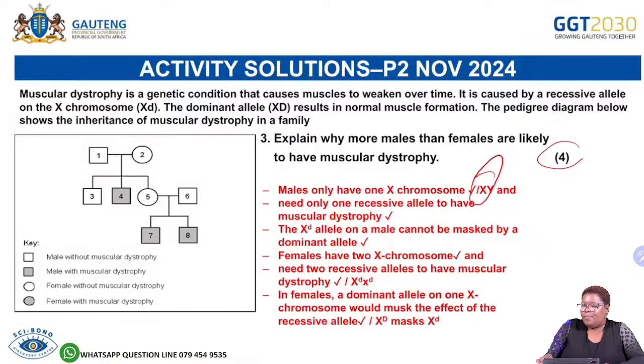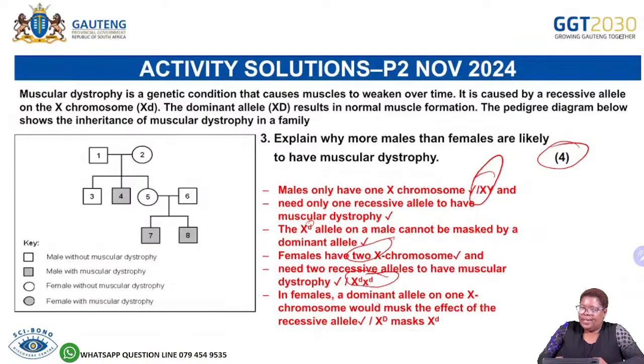They have got only 1 X chromosome and need only 1 recessive allele to have muscular dystrophy. That's 1 mark. Remember, it was for 4 marks. The X chromosome allele on a male cannot be masked by a dominant allele. What about females? Females have 2 X chromosomes and need 2 recessive alleles to have muscular dystrophy.